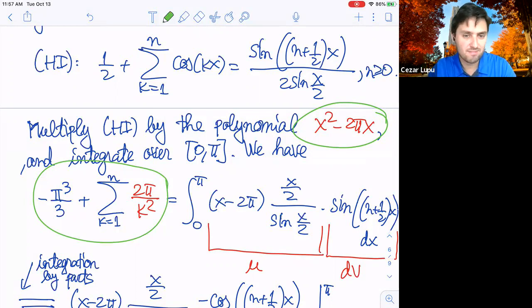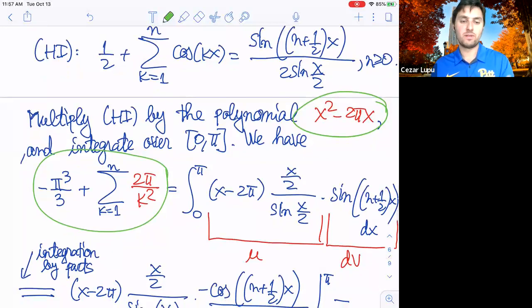So I like the second proof more because, well, I didn't have time, but when you look at this polynomial here, x squared minus 2 pi x, surprisingly, this is related to Bernoulli polynomials. If you look at Bernoulli polynomials for quadratic and so on, you will see that.